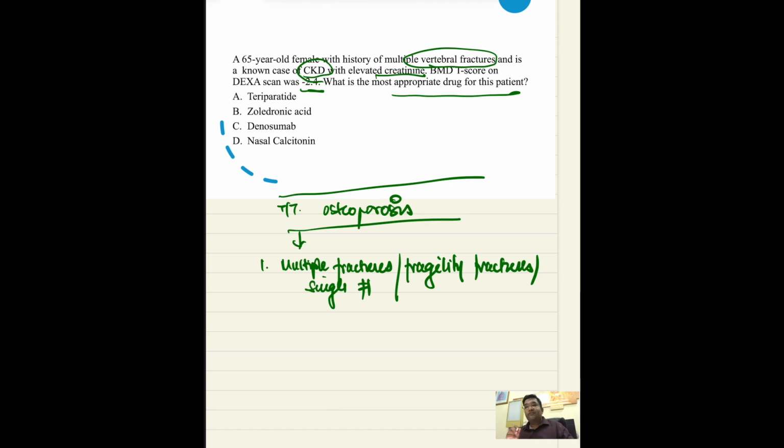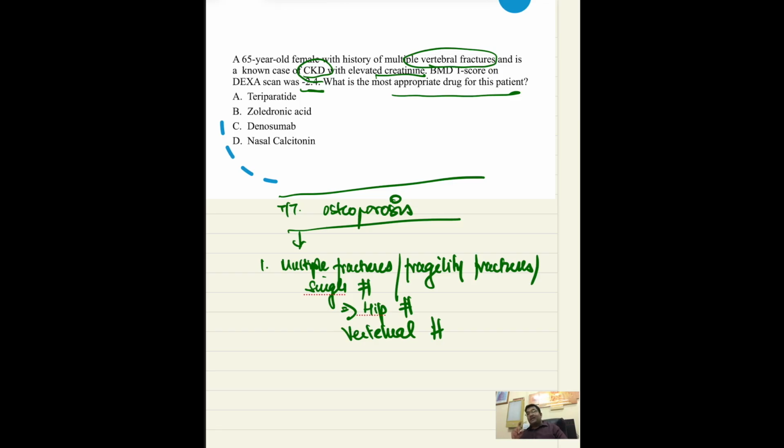What is a fragility fracture? When there is a fall from standing height or less, a trivial fall, and it causes a fracture, a hip fracture or a vertebral fracture. So that is the time we treat.